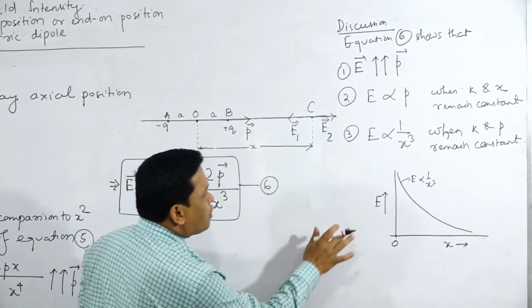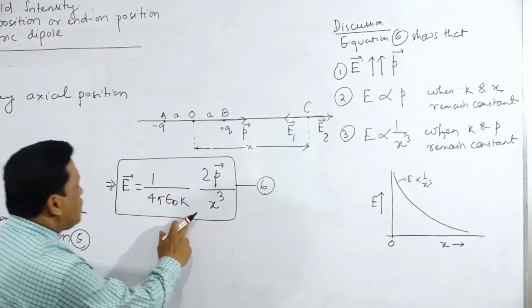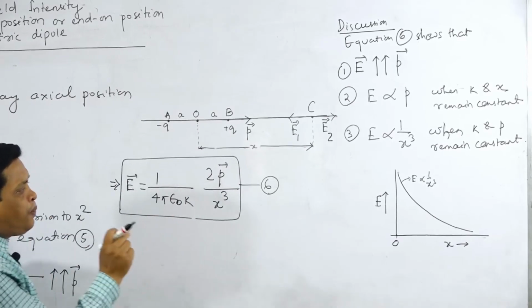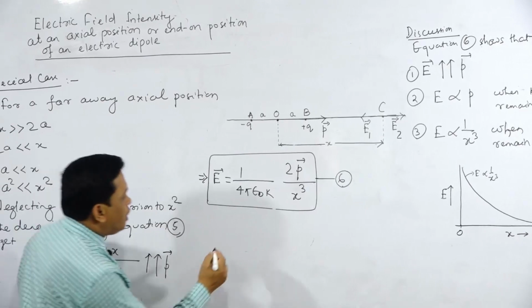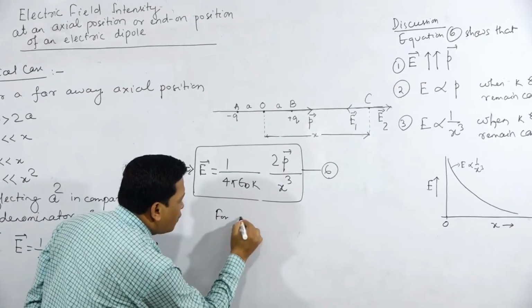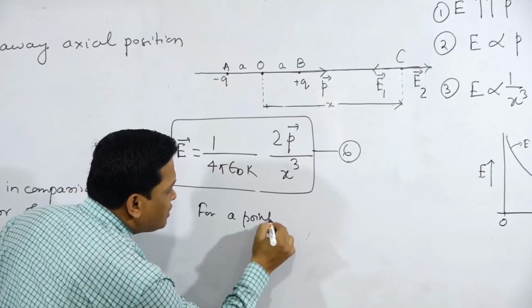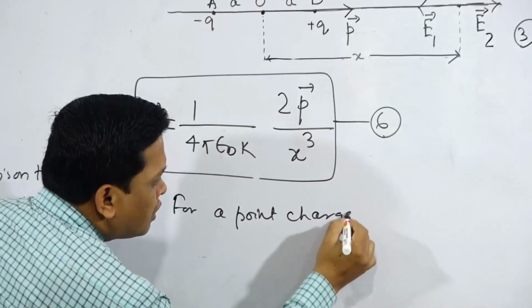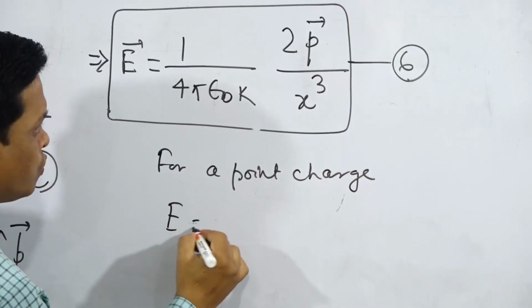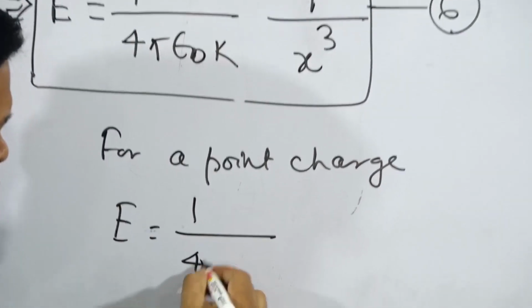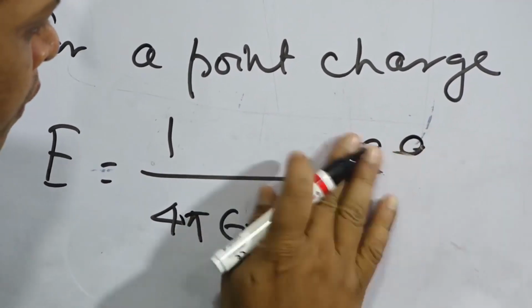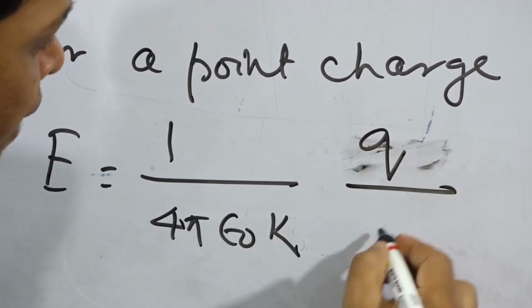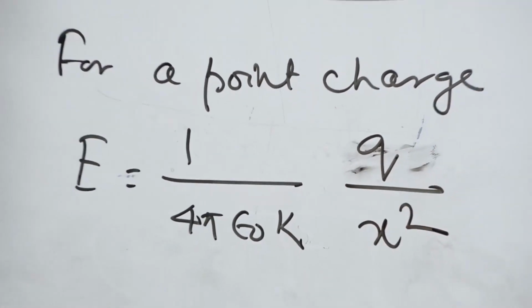Now we can compare this result with the electric field intensity due to a point charge. For a point charge, E is equal to 1 by 4 pi epsilon k times q by x square.